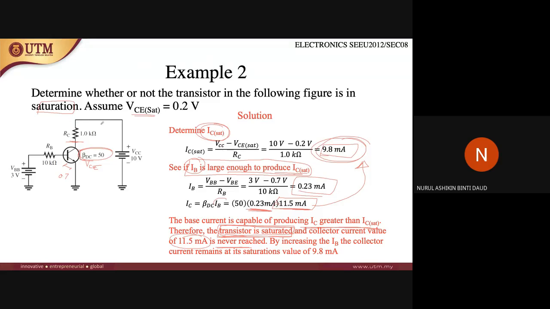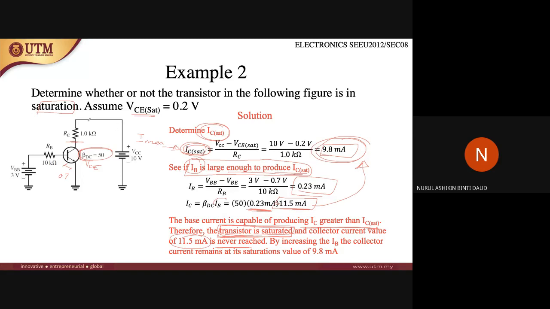So IC saturated, the saturated current at the collector, also represents the maximum current that can flow inside this transistor at the collector. It can be said to be the maximum current at the collector.